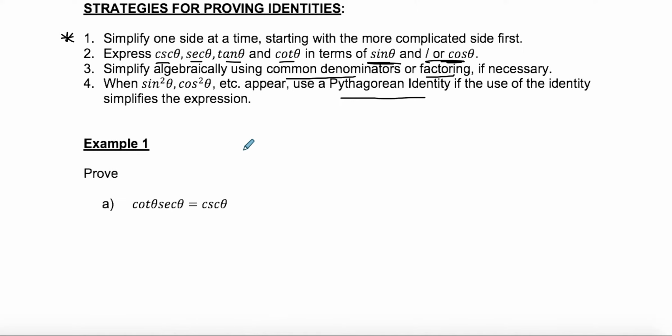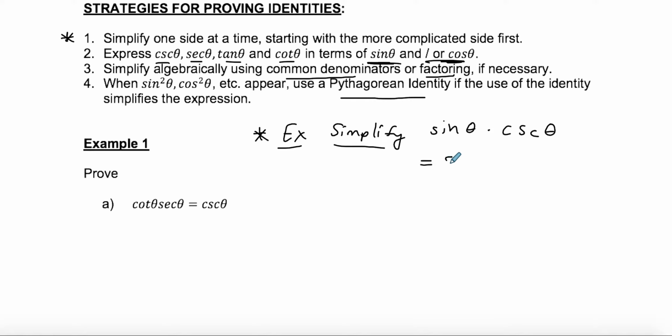So there is one big difference, though. Let me just say, you might have some questions maybe in your homework that just say simplify. So if your question just says simplify, we're trying to write this in as simple a form as we can. So we would leave our sine theta because that's good. Cosecant is actually the reciprocal of sine. So we would write that as 1 over sine theta.